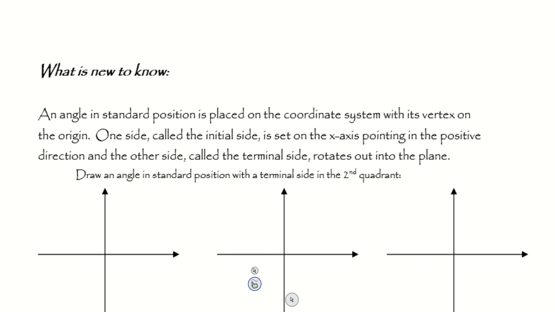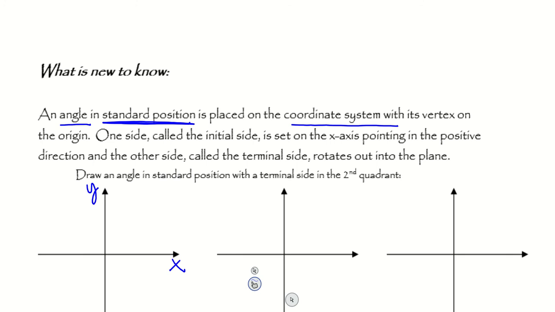What's new to know is that when we draw an angle in standard position, we place it on the coordinate system. So our coordinate system takes the plane of a piece of paper, for example, and divides it into fourths with two lines, the x and the y-axis.